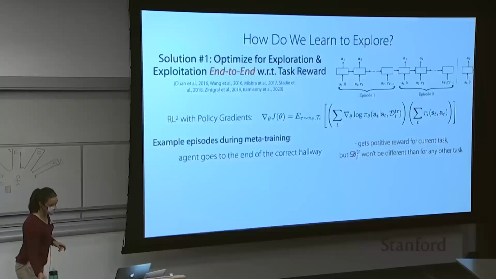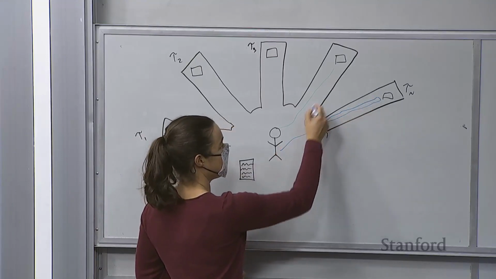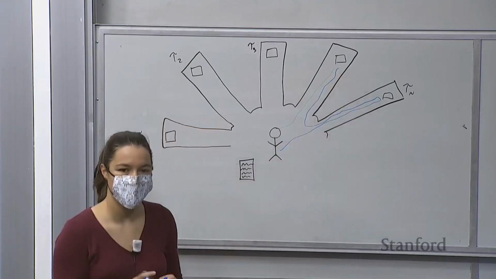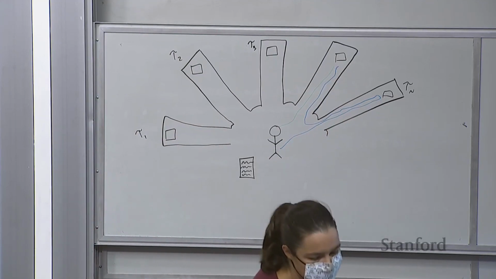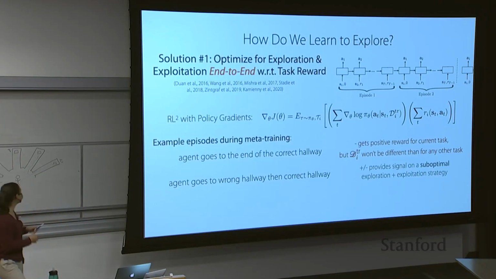Now, another trajectory that we might consider is maybe something like this, where the agent goes to the end of one hallway and then goes to this one. This trajectory will get positive reward that will help it learn an exploration strategy of going to different hallways.